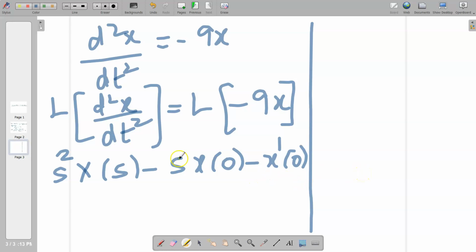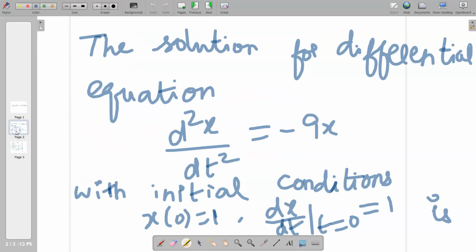This is for the left hand side. Considering the right hand side, taking the Laplace transformation for minus 9x: minus 9 is a constant, so you can take it outside, and x becomes X of s. Now let us apply the initial conditions.